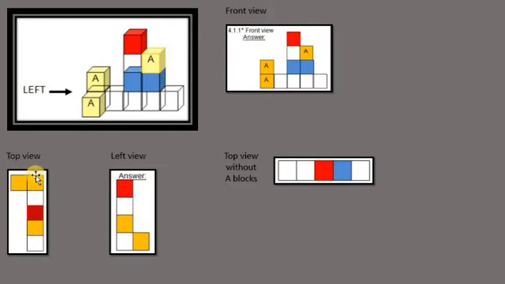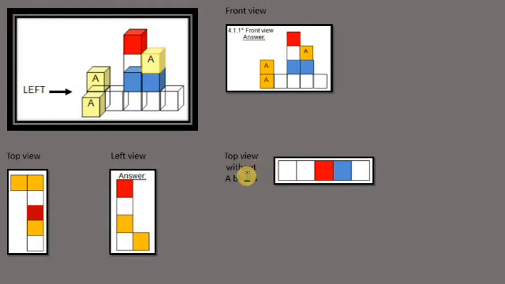The top view, if you think when looking at it from the top, it will be your two A's, the open one, from the top there, the red one, the A, and then again the open block. If you look from the left side, you will see that red, which is that one, open block, which will be that one, the A, and there at the back is another open one, and here in front is another A. From the side, you will see that one as yellow as well.